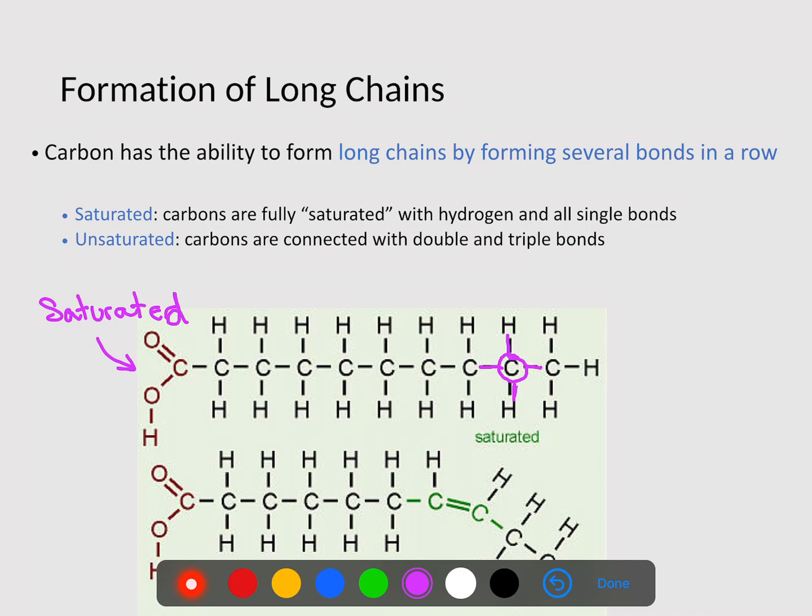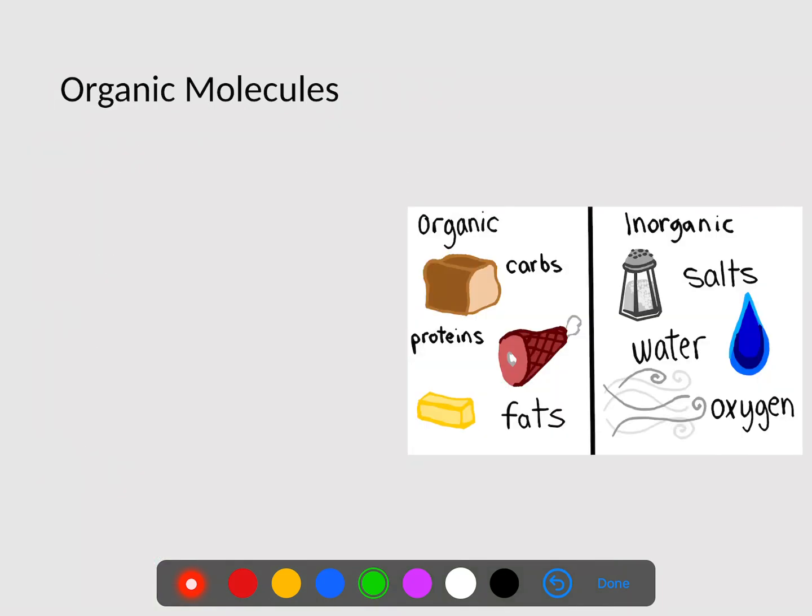Now, an unsaturated chain would be a molecule that has double or triple bonds. So this would be a double bond. In other words, it's sharing 2 sets of electrons. So whenever you see that double bond, it no longer contains 4 bonds to each carbon. It is then an unsaturated molecule.